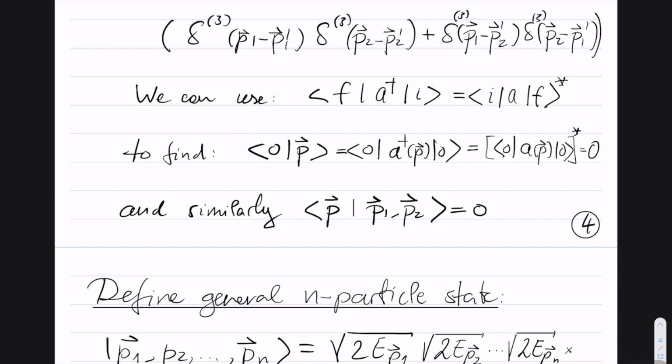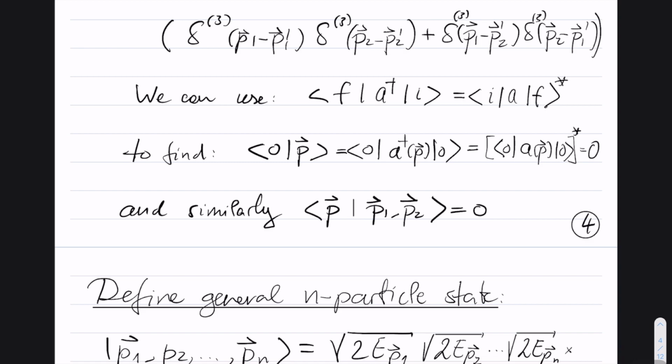So if we have the vacuum hitting a state, the norm of the vacuum and the state with the momentum p, we can write it like this, the creation operator, then take its complex conjugate and see that now we have an annihilation operator hitting the vacuum, and that gives us 0. So the expectation value of any state with the vacuum itself is always 0.